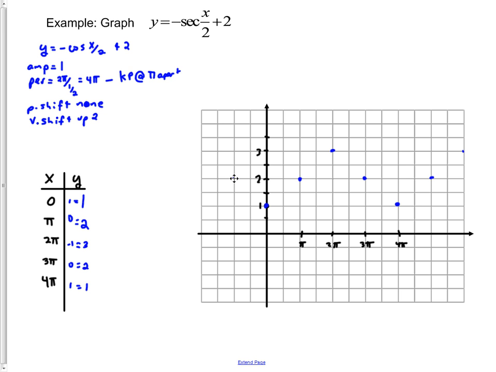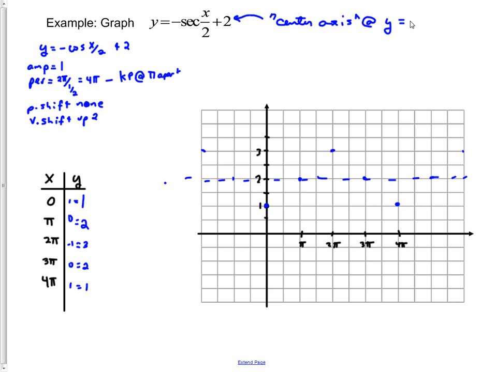And so if you were to just plot in a few dots to see what's happening right here, we see that the center axis of this cosine graph lies right here at y equals 2. Well, that actually kind of fits with what we know about vertical shifts. The center axis, so-called, of this graph is at y equals 2.